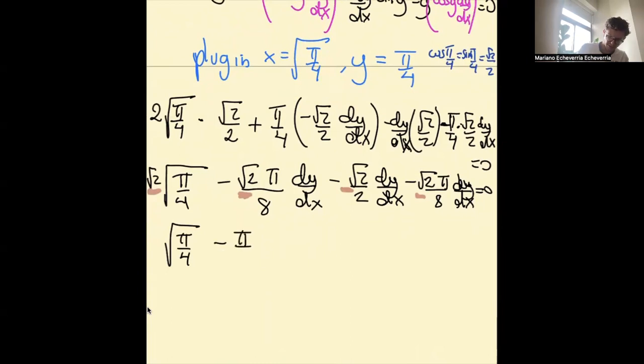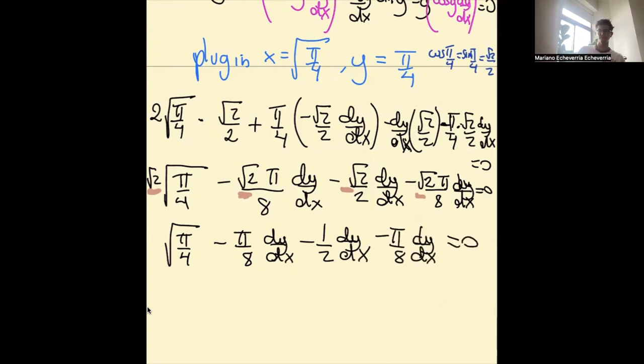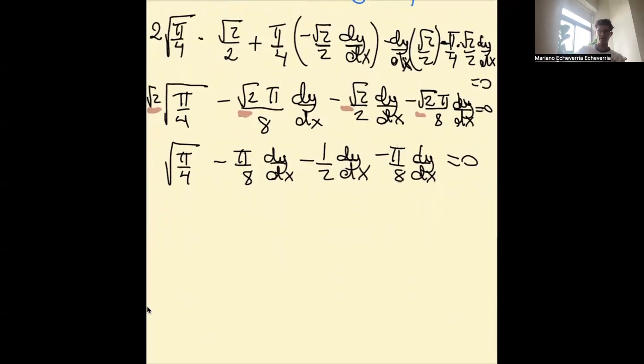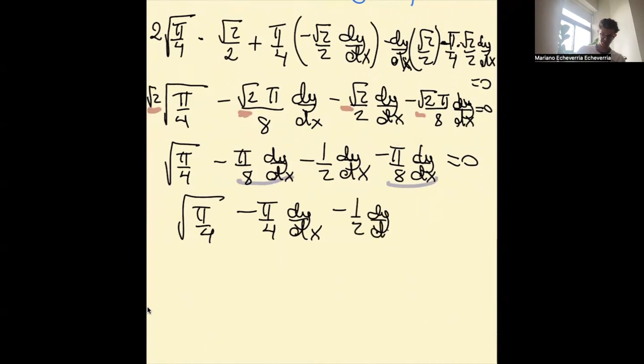So you get minus pi over 8 dy dx minus 1/2 dy dx. It looks way better. Minus pi over 8 dy dx equals 0. If you want, you can combine these two first. Minus 1/2 dy dx equals 0.